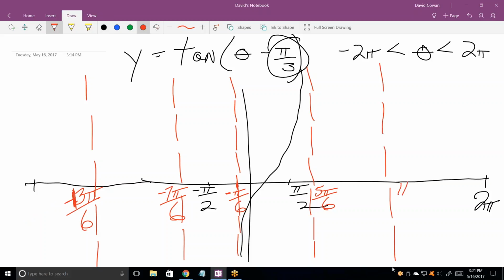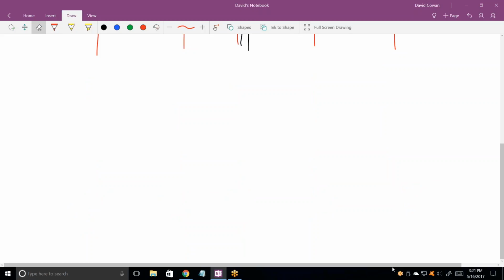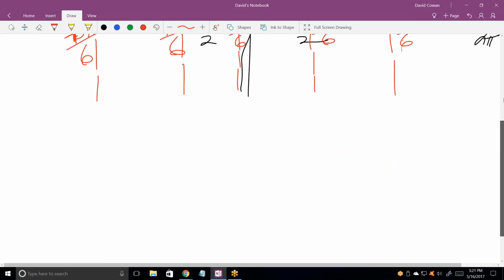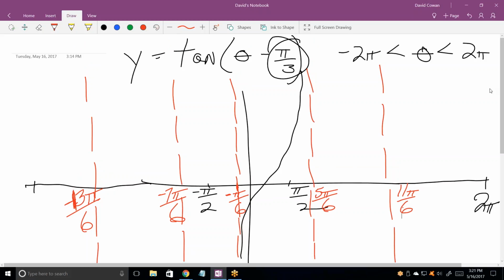That's 11 pi over 6. So 2 pi, no. I was going to say, if that erased that whole thing, I am going to be furious.